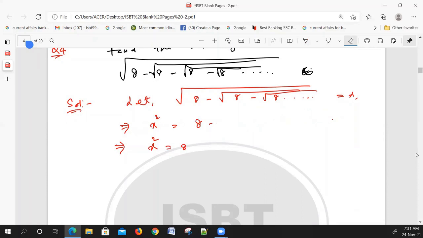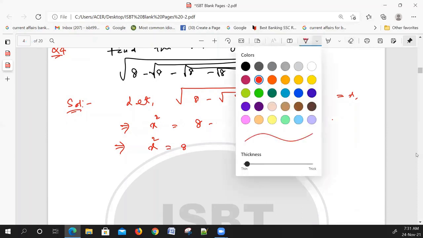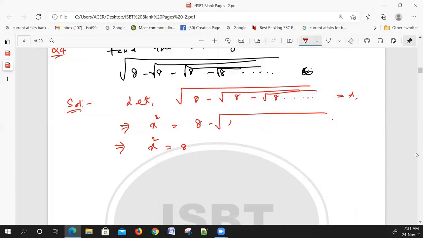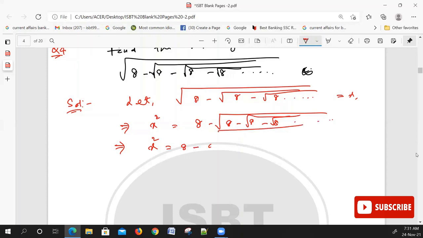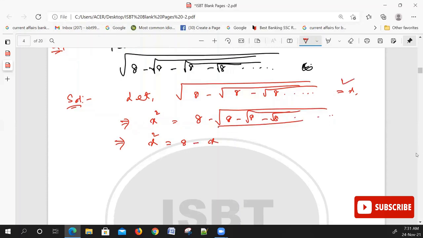Root 8 minus root 8, like this. In the next step, we can write x here, because we have already taken x.